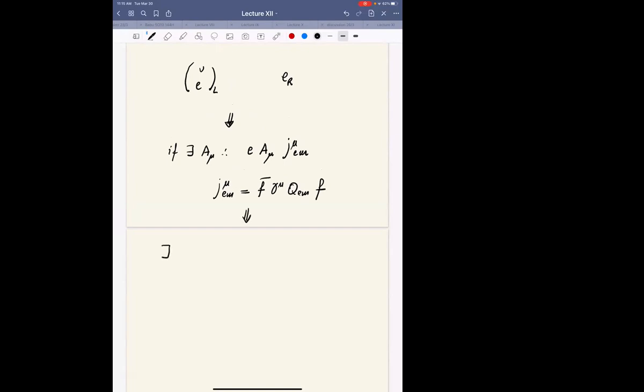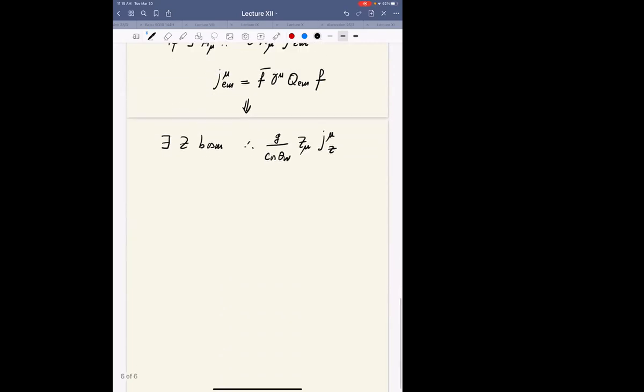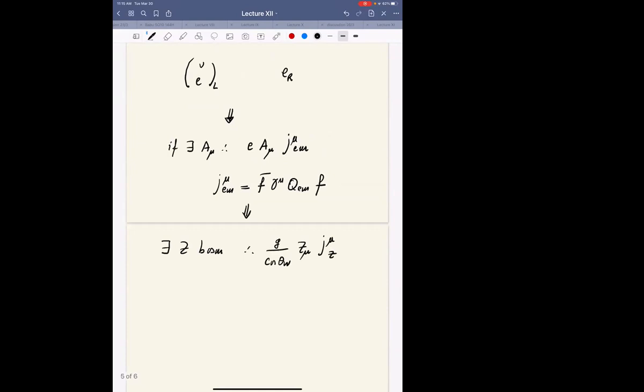Now there is a Z boson on top, so that it's coupled like this: g over cosine theta W, Z_mu, J_mu^Z, let's call it. J_mu^A, I could also call J_mu electromagnetic, just to correspond.